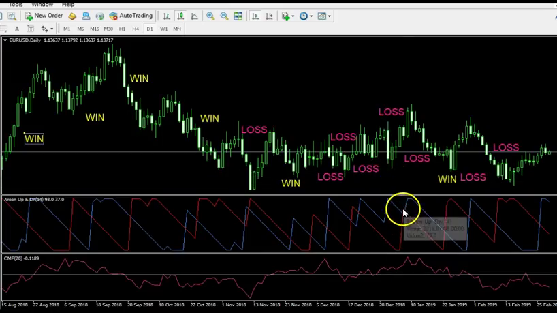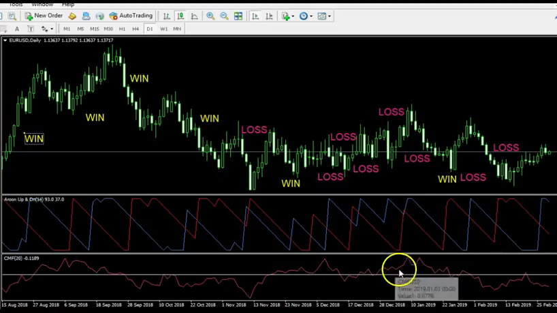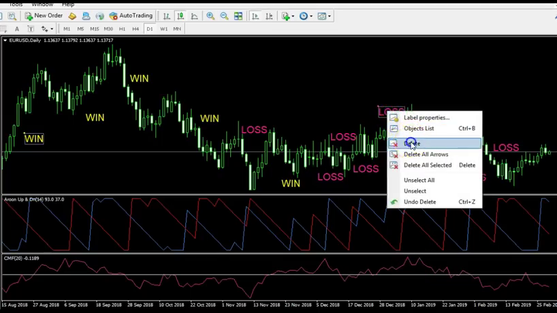Now you're going to notice this is kind of hard to see, especially if you're on a phone, but the rune up and down gave us a short and then immediately gave us a long. And they both happen to be losses. But down here, Chaikin was long the whole time. So the trade that was a short would have never happened. So this one right here, we'll take it out.